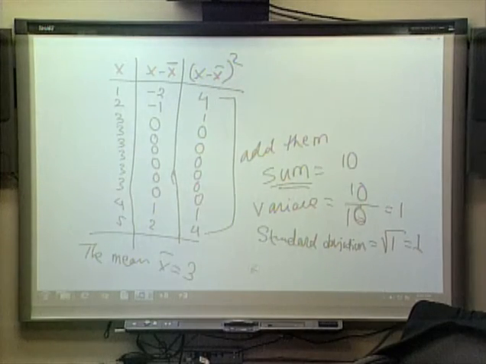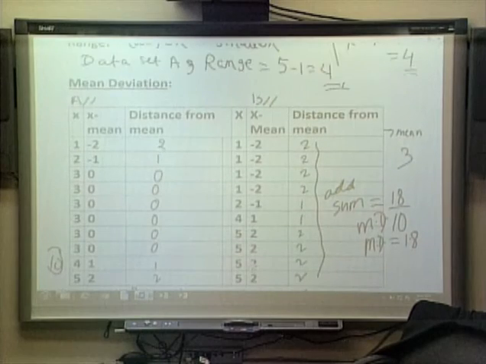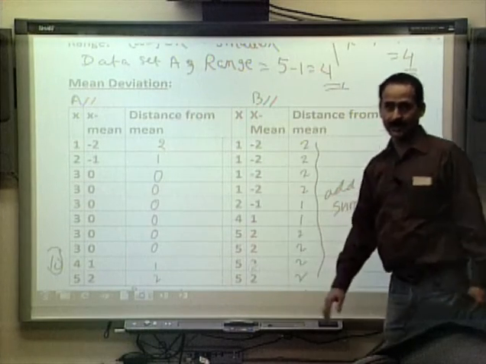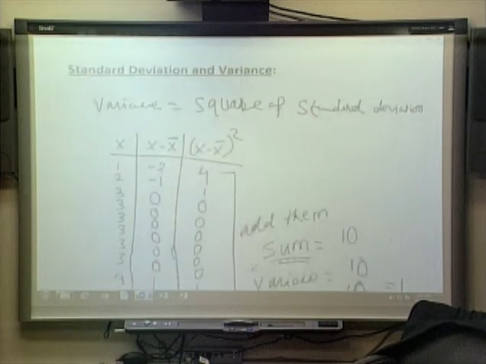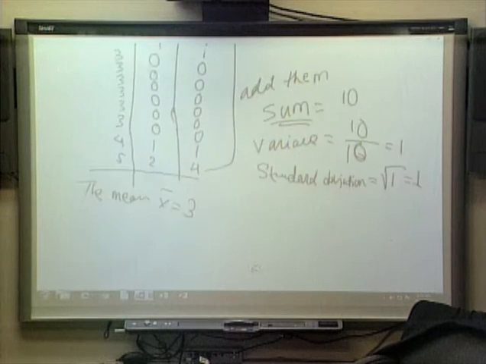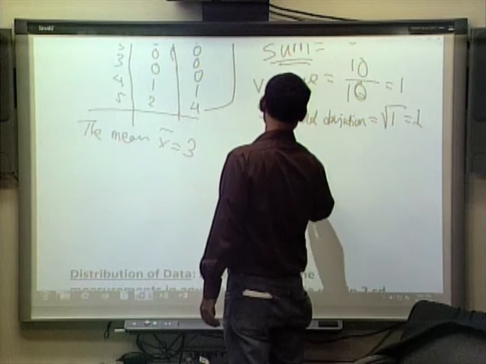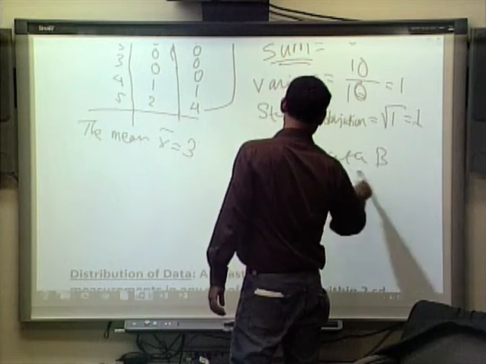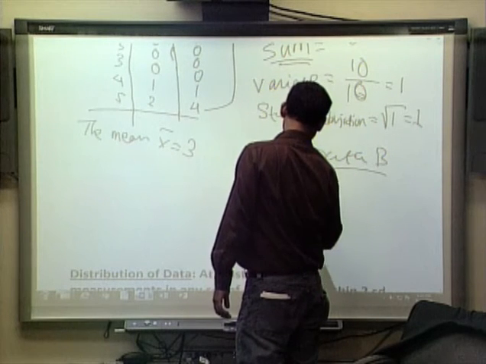Now, if we do the same calculation for data set B, this is for set A, if we do the same thing for data set B, we will get the variance and standard deviation.